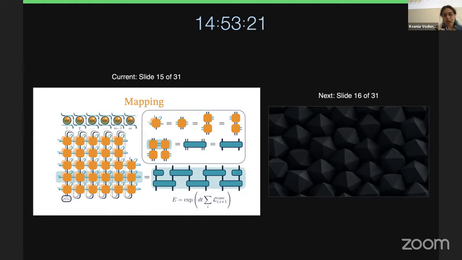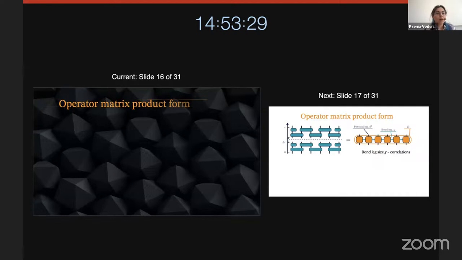And the rest is what we're going to do with this nice operator we obtained. Well, we're going to use matrix product techniques to deal with it.